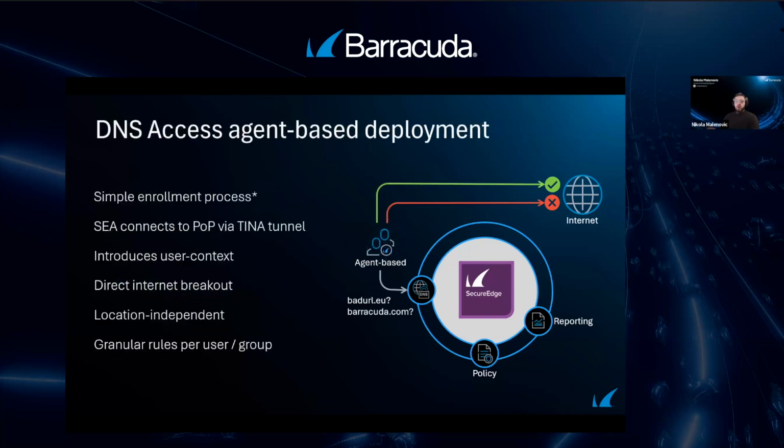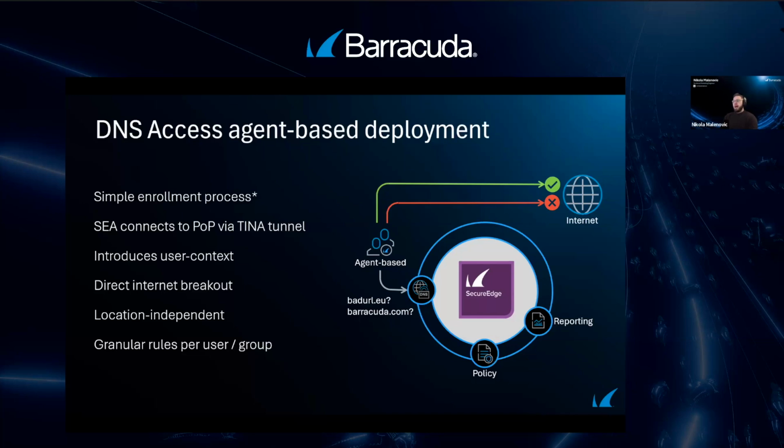Okay, now let's take a look at the agent-based deployment. It pretty much works in a similar way, but instead you download and install the SecureEdge Access agent on the client device, and you have to enroll the user with the agent. This enrollment process is really like 5 quick steps that you can do in a matter of 2 or 3 minutes.